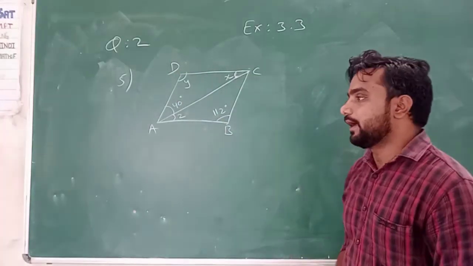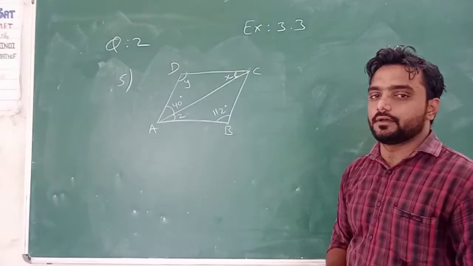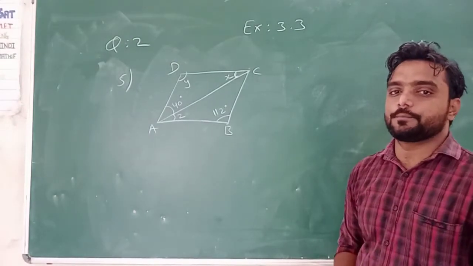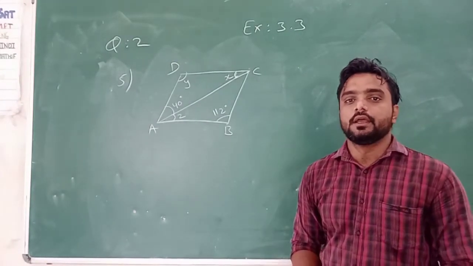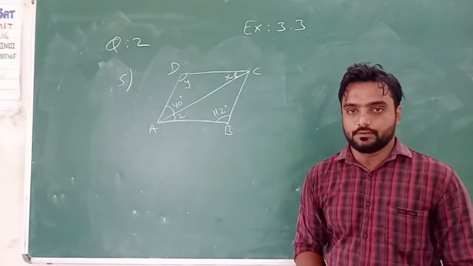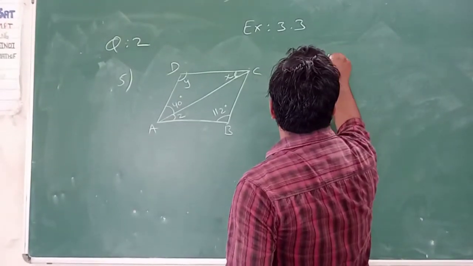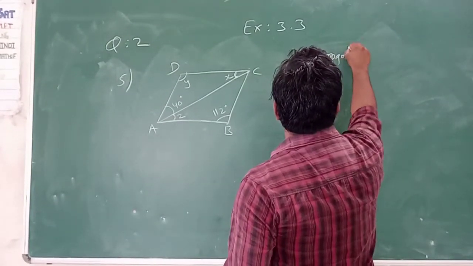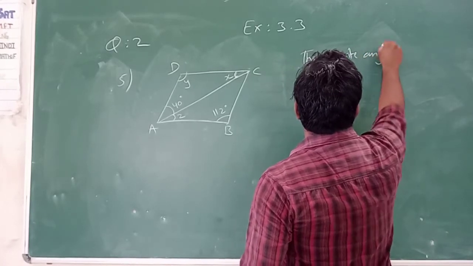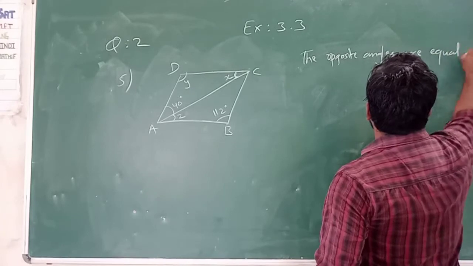Now according to the properties of a parallelogram, if I want to solve this figure, I will use one of the properties of a parallelogram. That is which one? The opposite angles of a parallelogram are equal in measure.